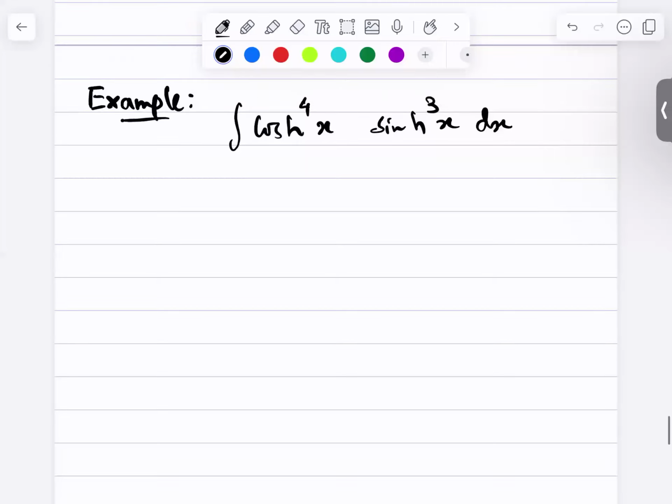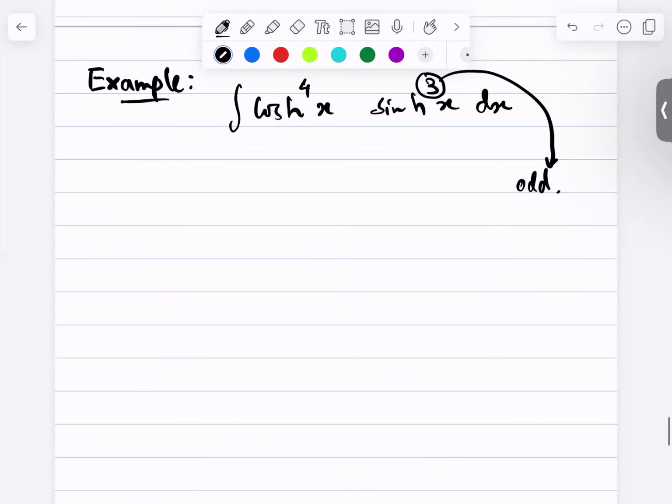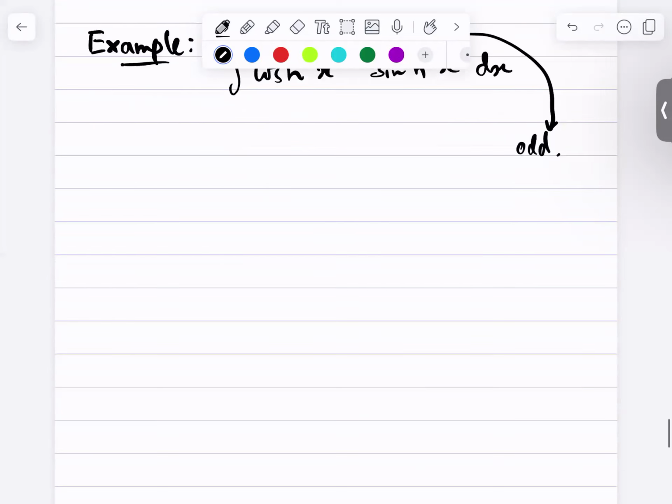So the same ideas from this kind of integration where you have only trigonometric functions will follow here as well. I can see that there is an odd power in sine. So if you remember, the rule was to save one sine hyperbolic x and do a substitution u equals cosine hyperbolic x.